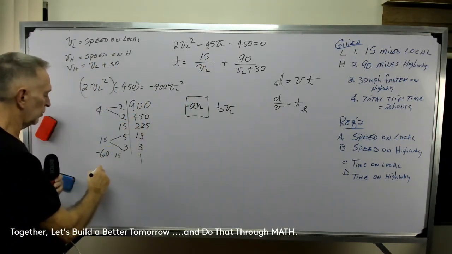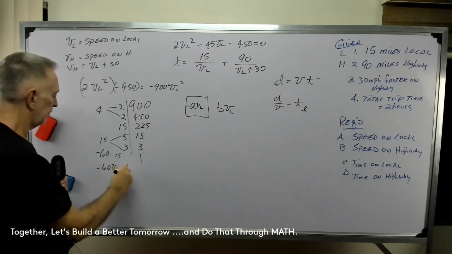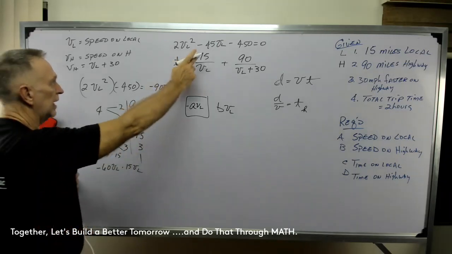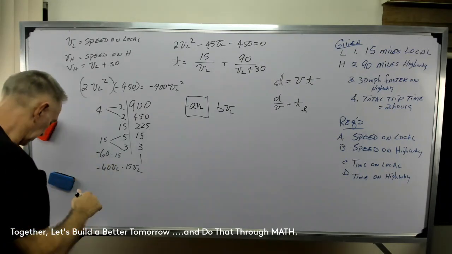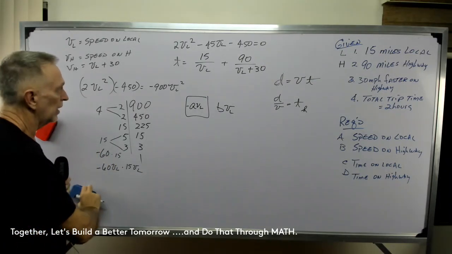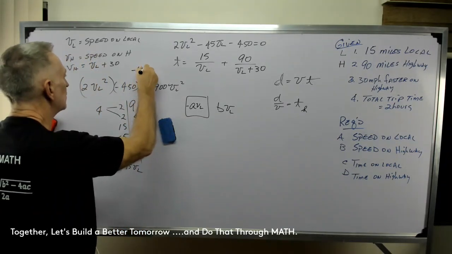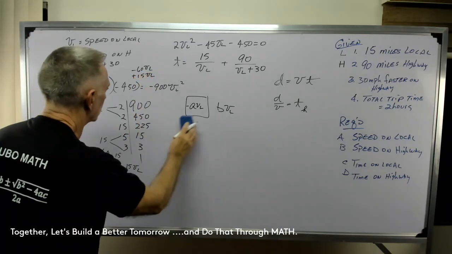So my two factors are going to be a negative 60 v sub L and a positive 15 v sub L. Added together, they give me a negative 45 v sub L. So that's how that works: negative 60 v sub L and a positive 15 v sub L.